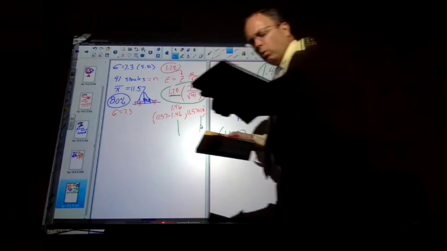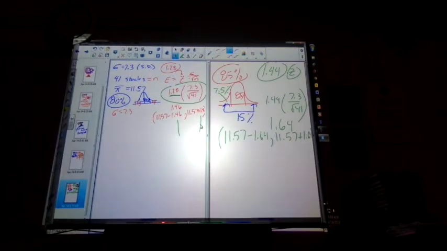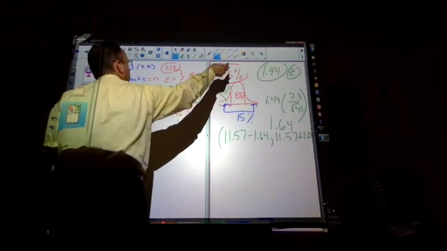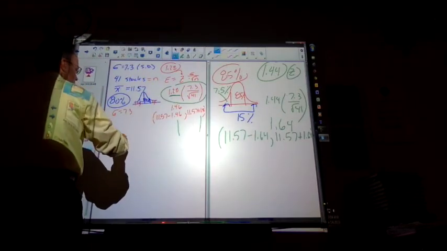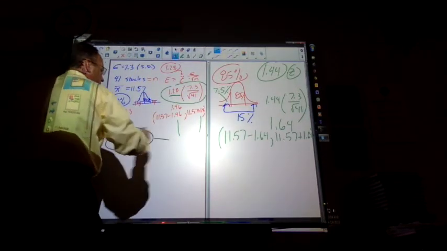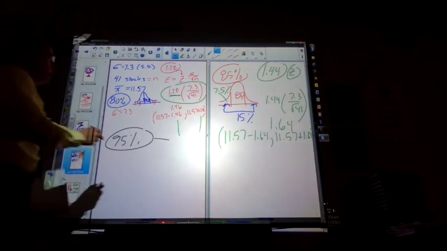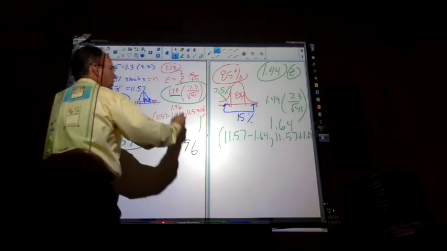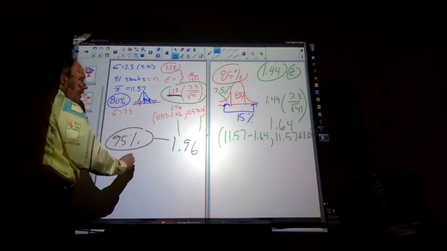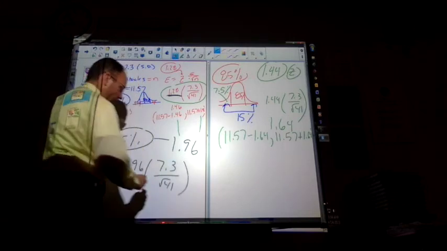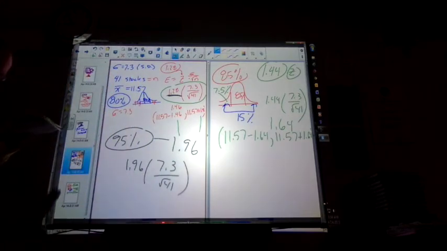And the last one asks for the 95% confidence interval. That's one of the given scores. 95% interval. Oh, I just looked at it and I forgot. 1.96. So I'm going to change this to 1.96 times 7.3 over the square root of 41.